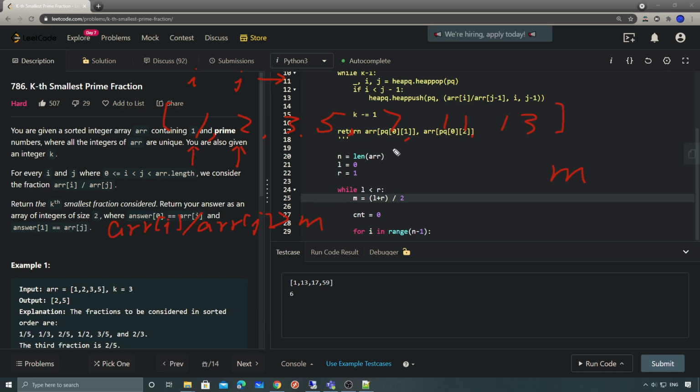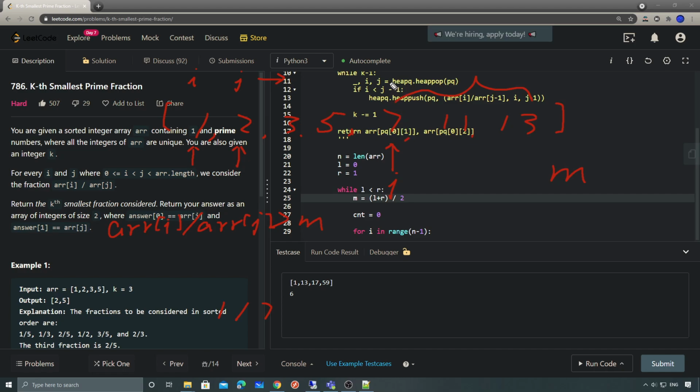So let's say, for example, J has moved to here, which means 1 divided by 7 is smaller than M. It means that for 1 we have 3 pairs whose fraction is smaller than M, because 1 divided by 5 is still greater than M, but 1 divided by 7 is smaller.